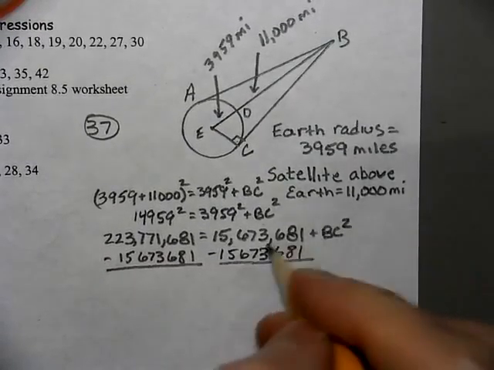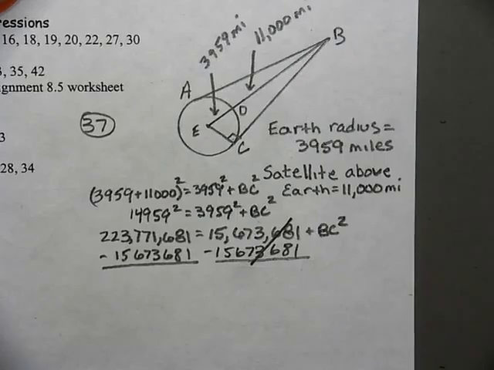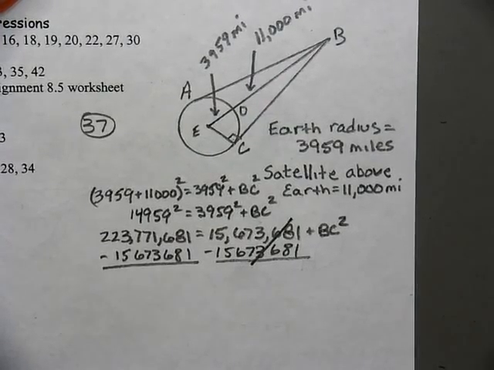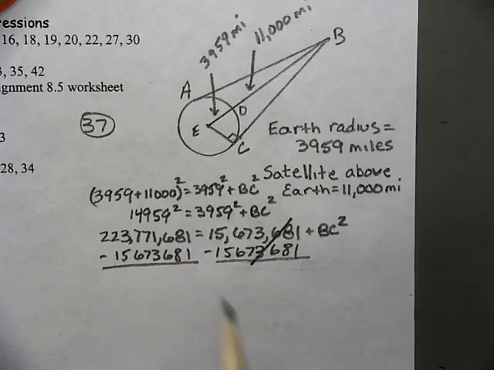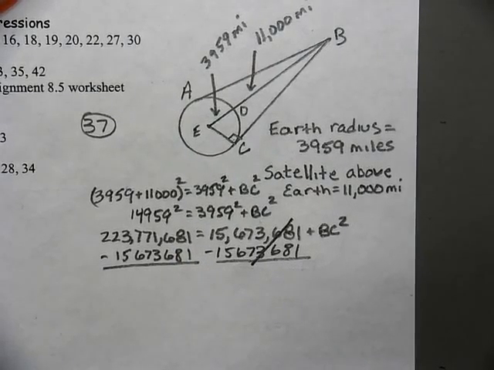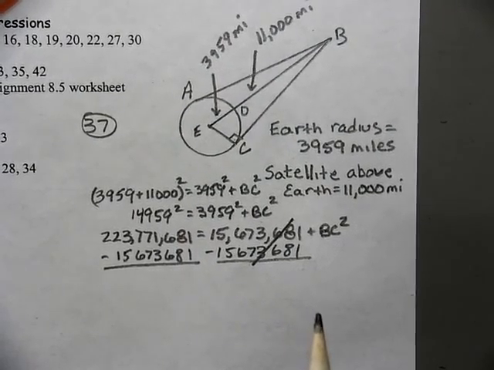Subtract that from both sides. That crosses out completely. So we're going to take our original 14,959 that's squared, that real long number, and we're going to subtract the 3,959 squared from that.